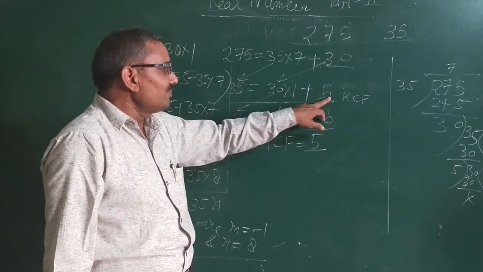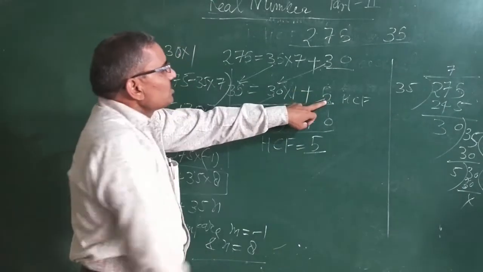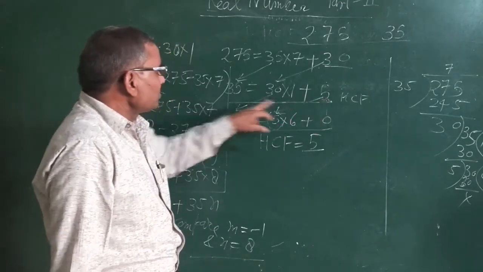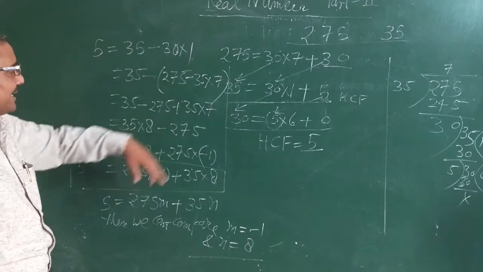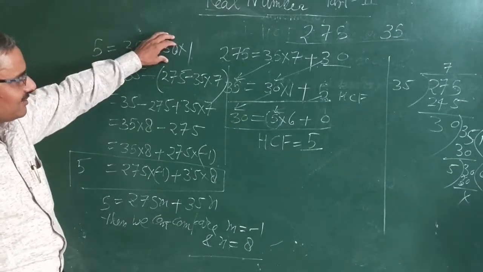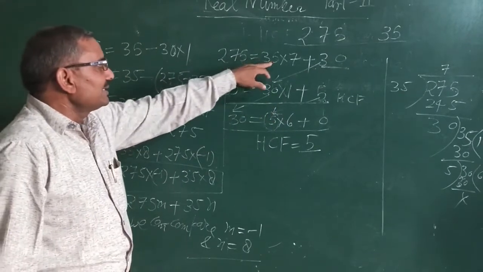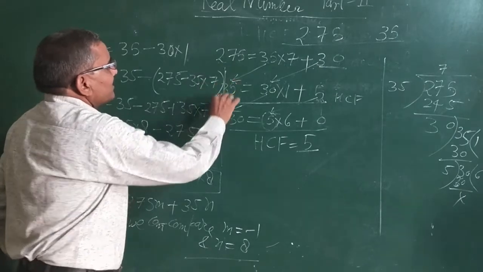Here 5 is the remainder, so here 5 is the HCF. So we have to start: 5 is equal to 35 minus 30 into 1. Again 30 is replaced by the first above relation, that is 275 minus 35 into 7 into 1.